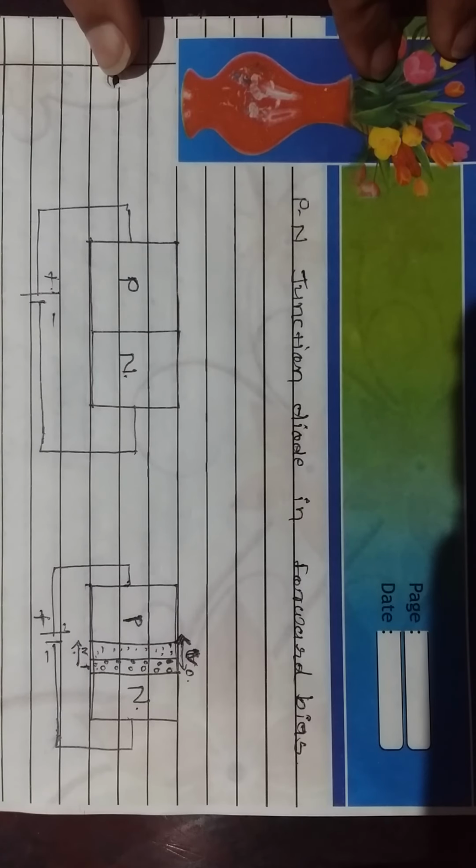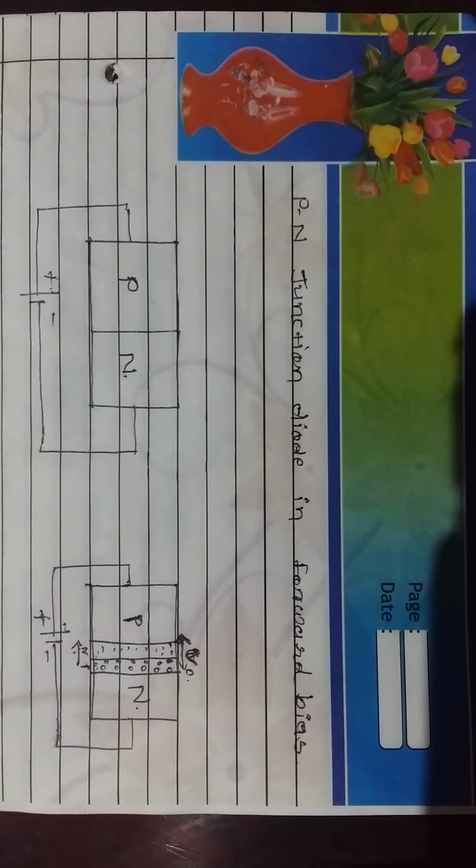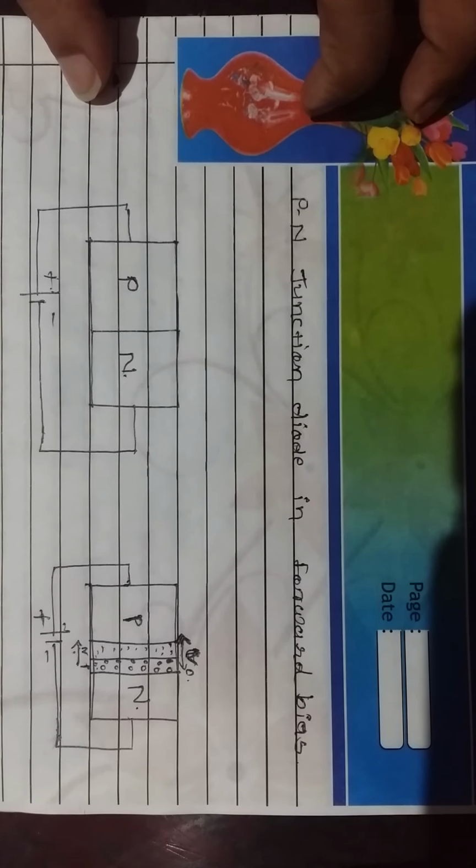Now during the formation of a PN junction, there will be a diffusion of electrons from N to P and holes from P to N. So we get the depletion region, which has some kind of voltage or electric field. The resultant electric field, or main electric field, has a direction from P to N, and the depletion region has an electric field which is different from the actual electric field.